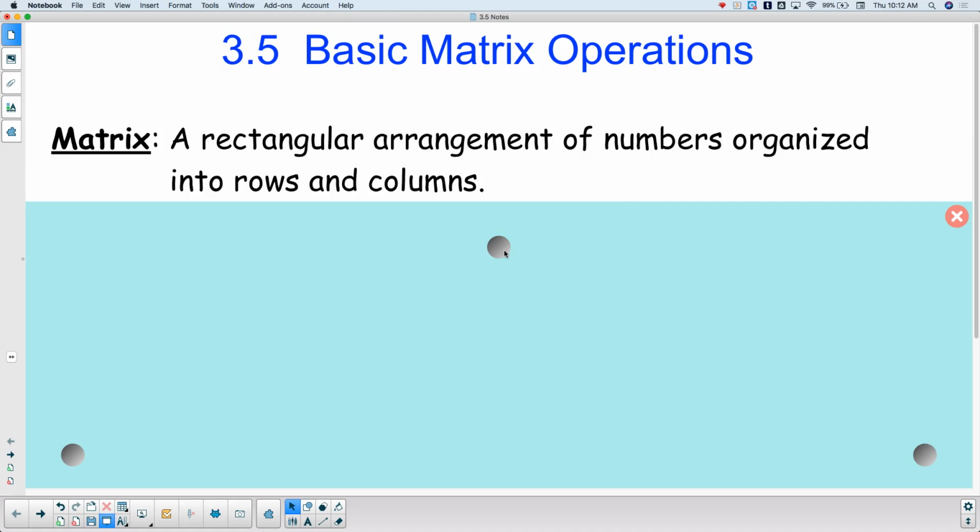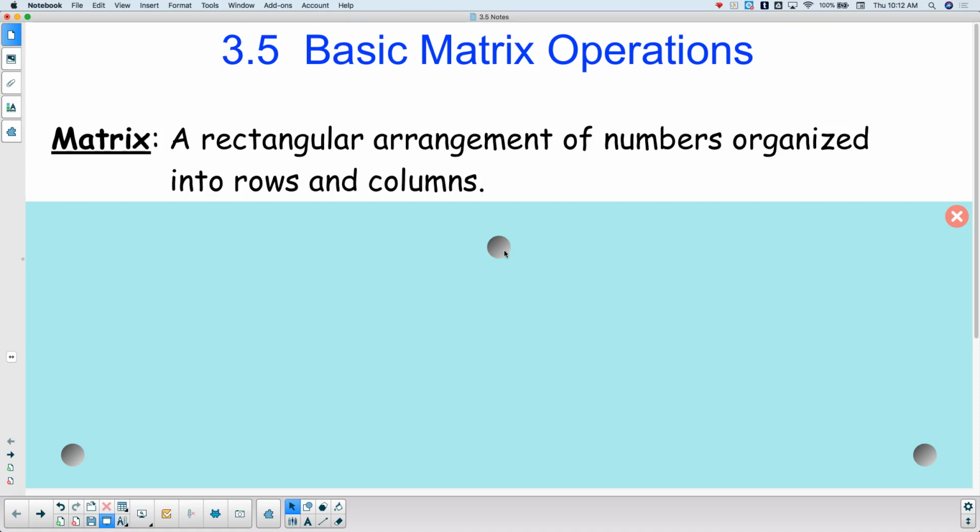So it's a rectangular arrangement, rows and columns. One thing that you need to know about matrices is that when it's all said and done, everything about matrices is rows by columns.